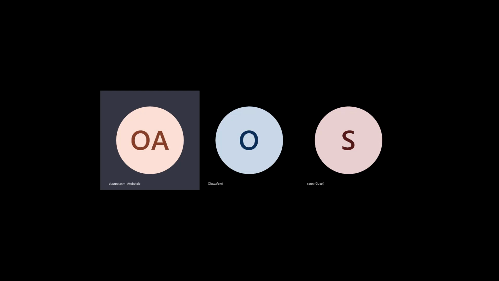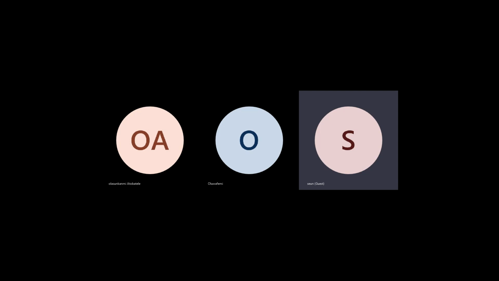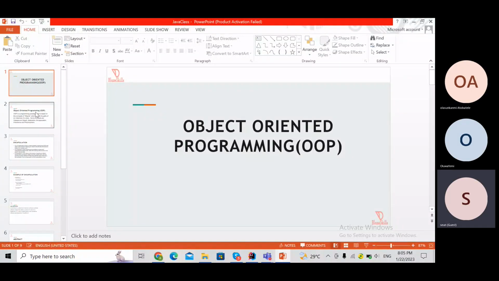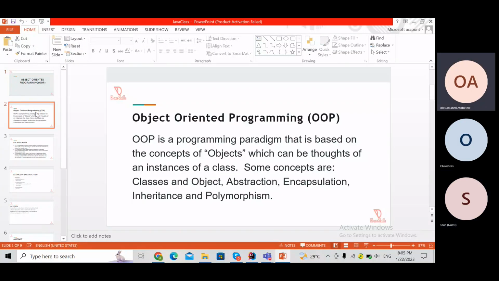So Java is an object-oriented programming language because of the data types that it contains. That is why it is regarded as object-oriented programming. Object-oriented programming is a programming pattern based on the concept of objects, which can be thought of as instances of a class.